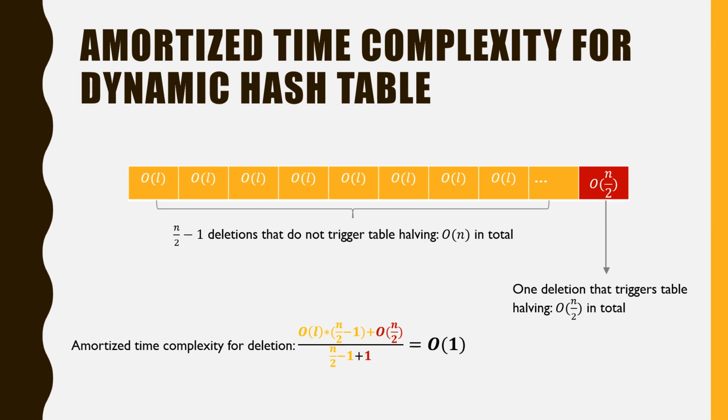Rehashing is performed on these n/2 records, and it takes O(n/2) time. The corresponding amortized time complexity is O(L) in this case, where L is the average linked list size in the hash table. Similarly, the conclusion is that the deletion operation time complexity is unchanged, even with the consideration of table halving.